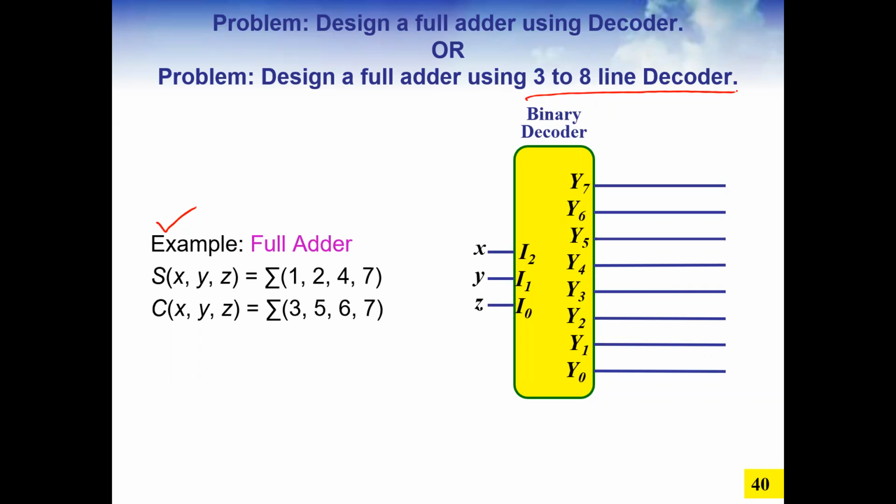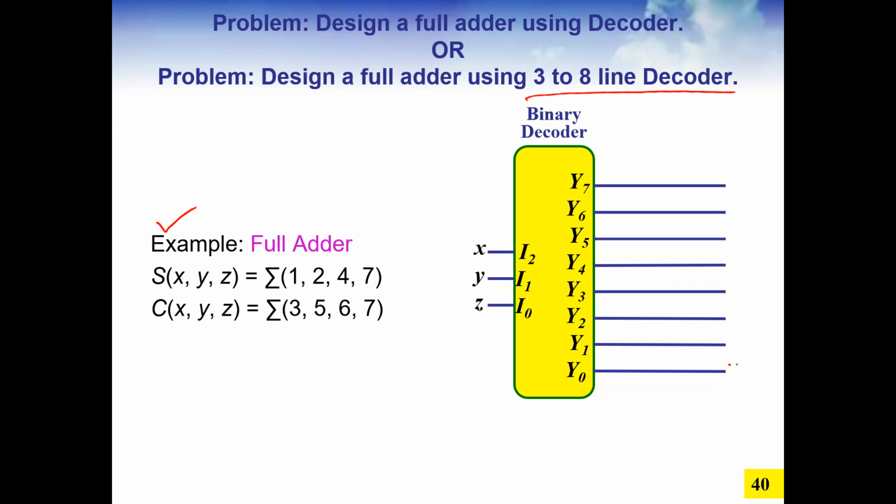Now, first the minterms. If you remember, I told you for the decoder, the outputs represent the minterms. Do you remember? Outputs of a decoder basically represent the minterms. So Y0, what will it represent? All zeros, and the last one will be 1.